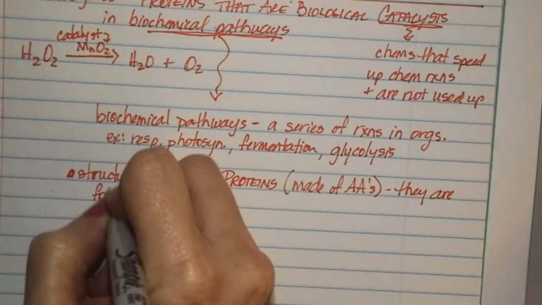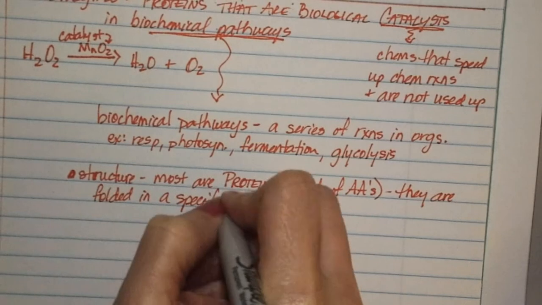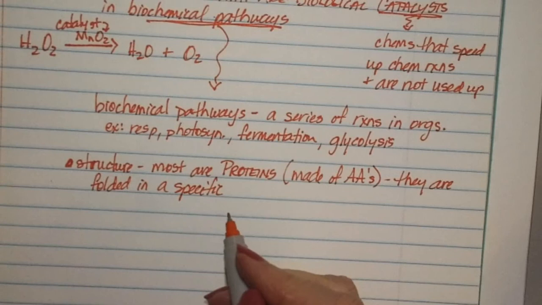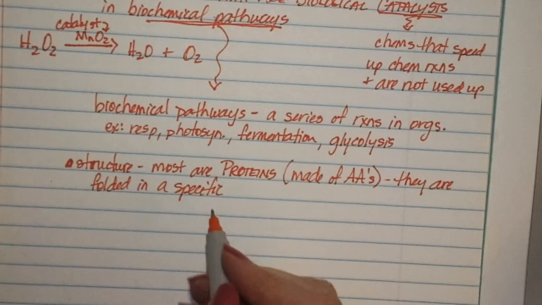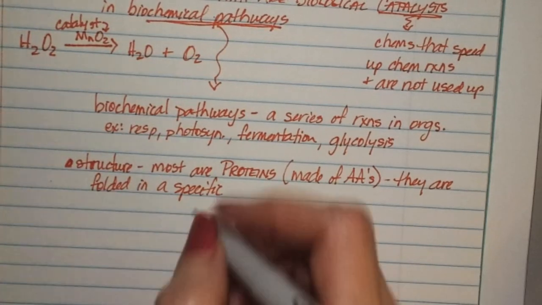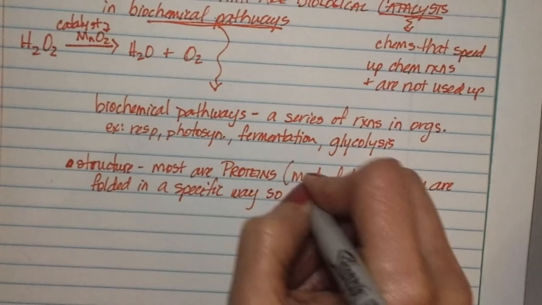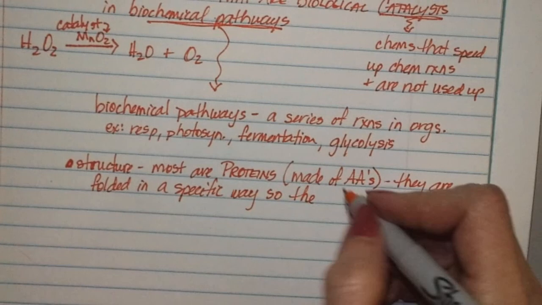If you mess up the making of this protein, like there's a mutation in the DNA and it messes up the instructions on making the protein, it'll cause it to be folded differently and it won't work right. So they're going to be folded in a specific way so that one enzyme only works for one chemical reaction.